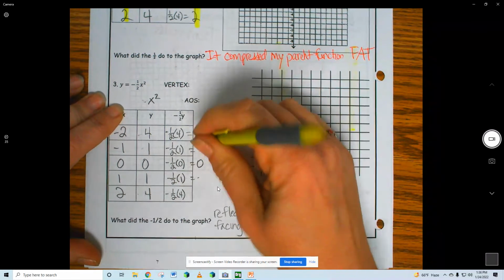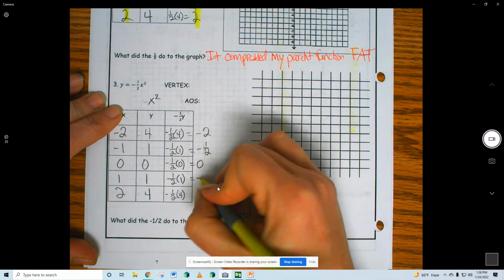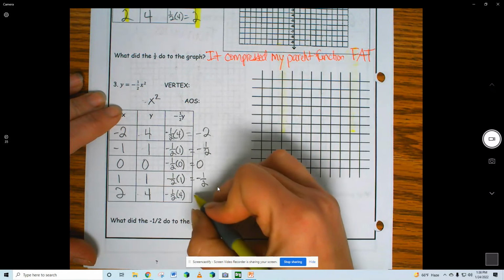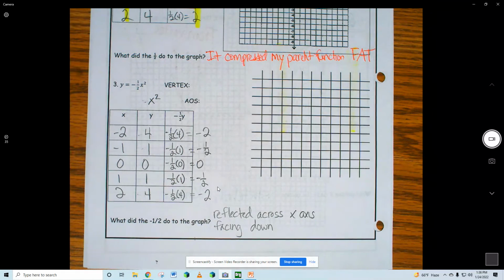Oh. Negative 1/2. When multiplying a fraction, you have to flip it. Inverse, reciprocal? No, not in this case.